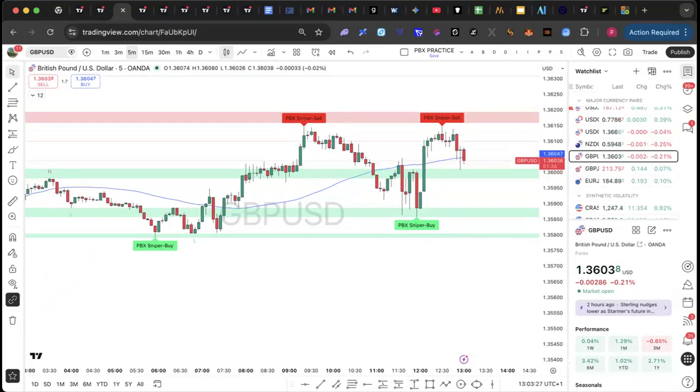At that point, we can sell. Or if you don't want to sell, you can wait for it to get to the support and retrace back up before we take a trade.